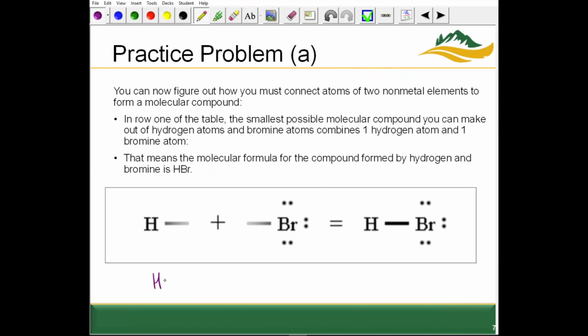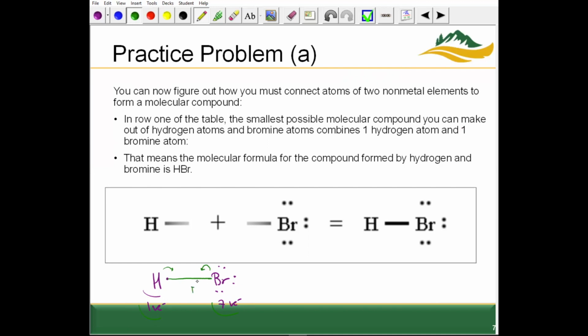So to draw the dot for hydrogen, it'd be like this with 1 valence electron. Then bromine has 1, 2, 3, 4, 5, 6, 7 valence electrons. To fill its octet and to fill hydrogen's duet, if we put a bond between them, this electron is contributed from hydrogen and this electron is contributed from bromine.